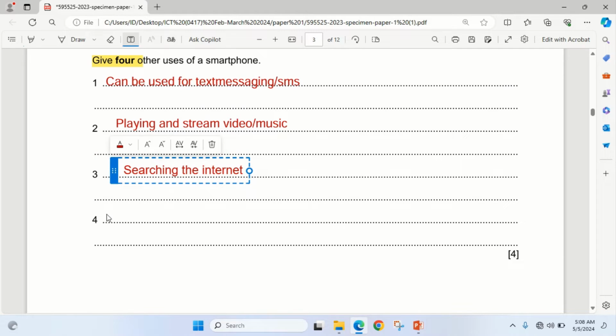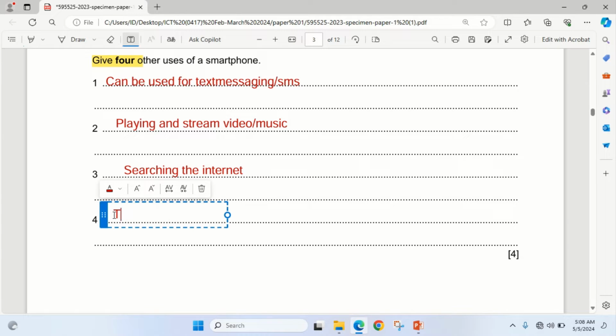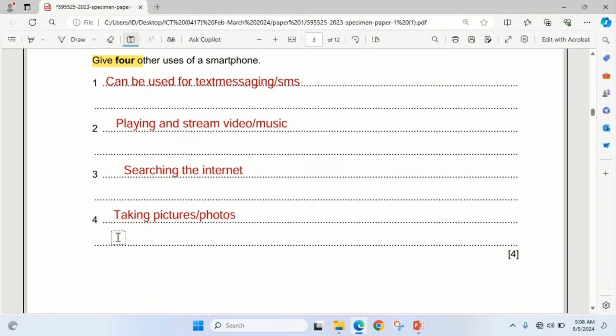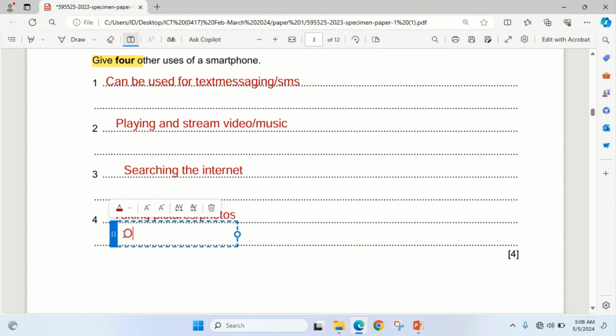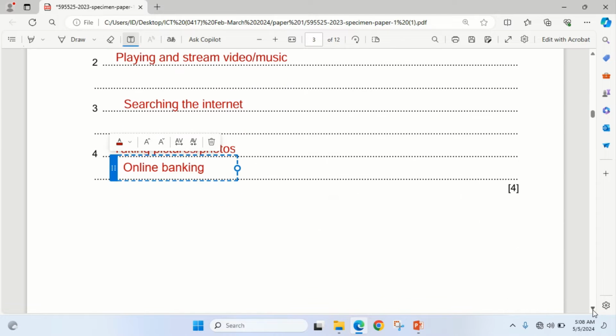It can be used for taking pictures, or what you call photos. So there are many functions, online banking, and so on and so forth. So any four correct points here will earn you the full mark of 4. So take note of that in this kind of question.